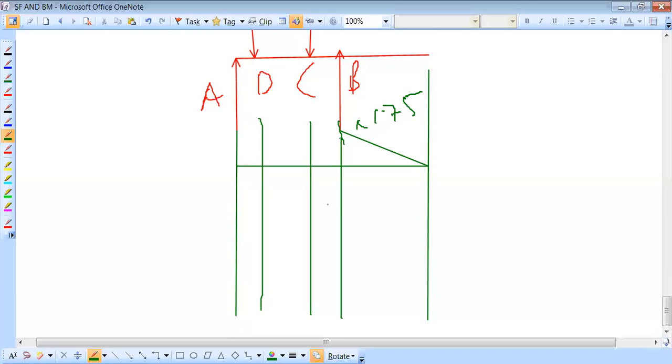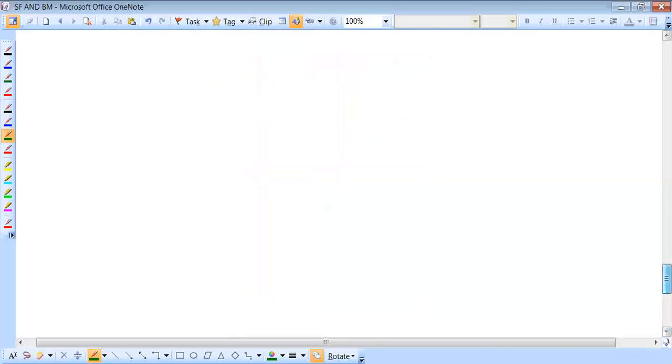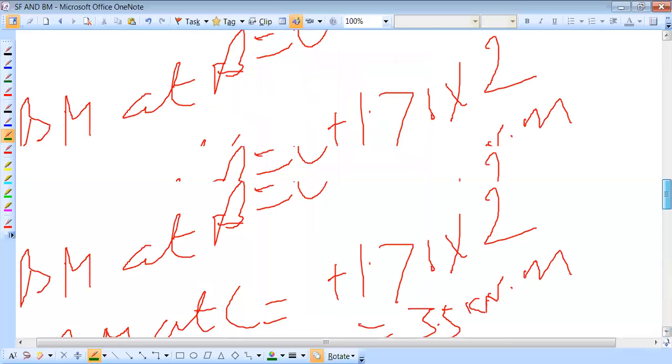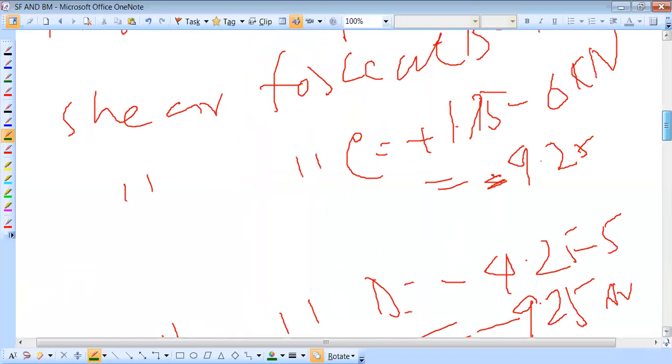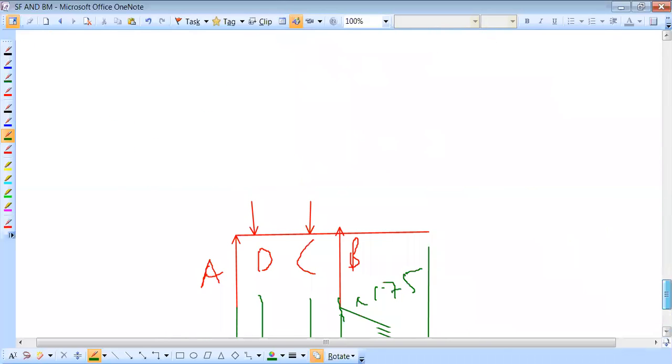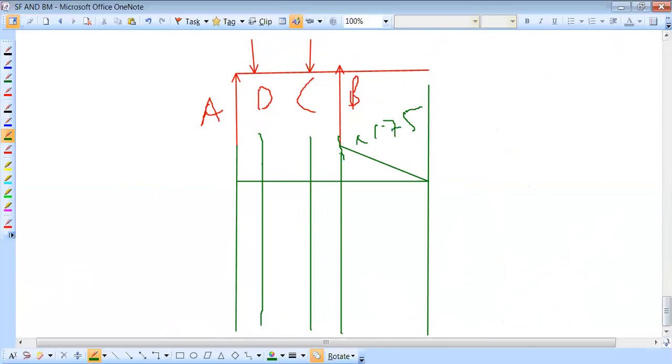Then at point C, what is the value? At point C it is minus 4.25. That means no load between this, so minus 4.25. Again draw a straight line here. What is the value of this point? Minus 7.25, minus 4.25.